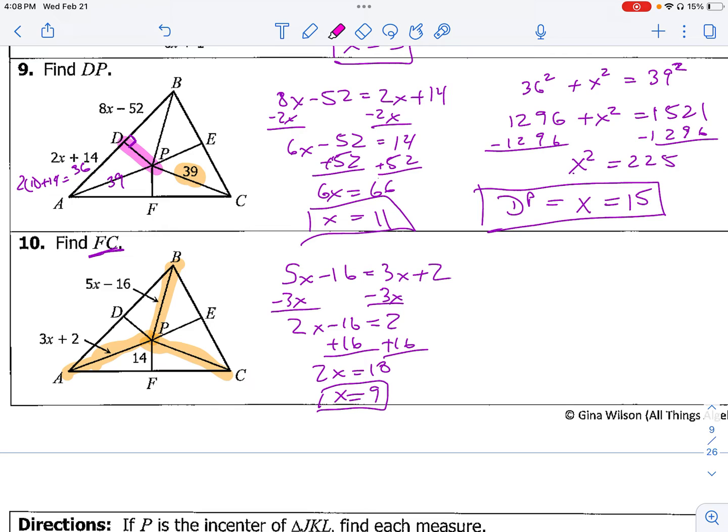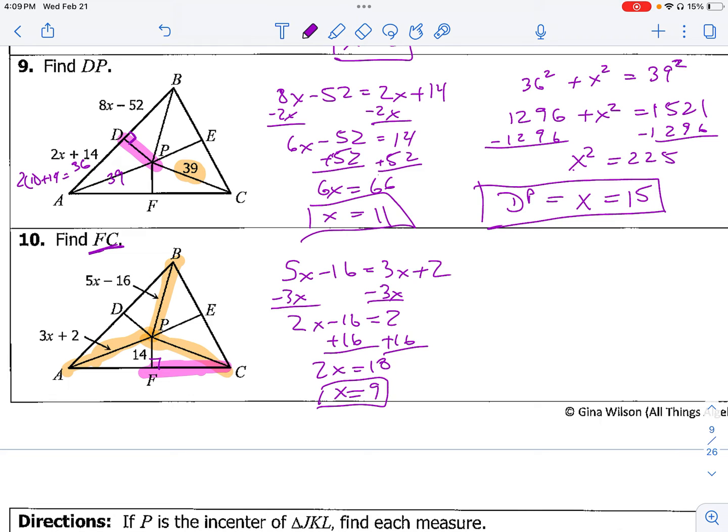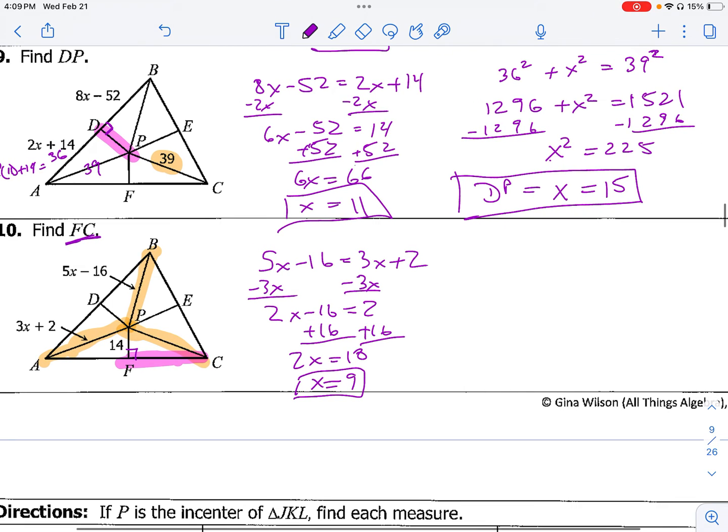FC is right here. But because it's a circumcenter, we know that this is a right angle, so we have a right triangle. We can use the Pythagorean theorem. But first we have to find AP, because CP is going to be the same as AP. So we go 3 times 9 plus 2 was 29.